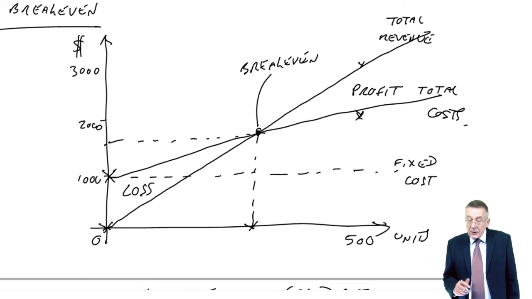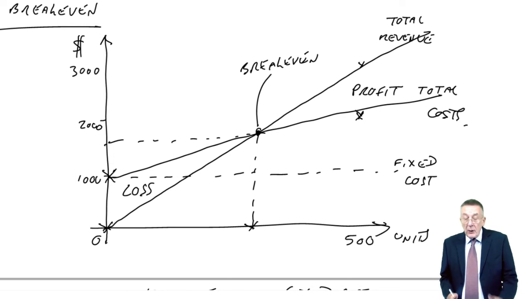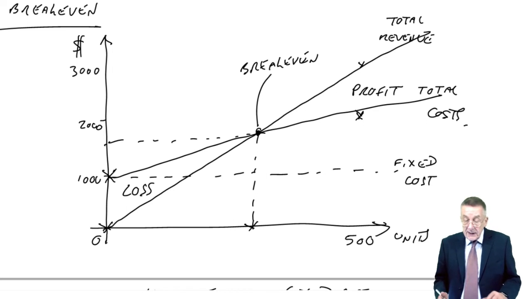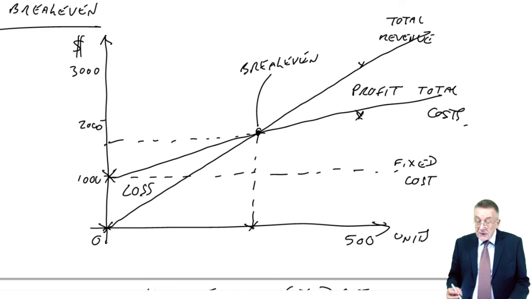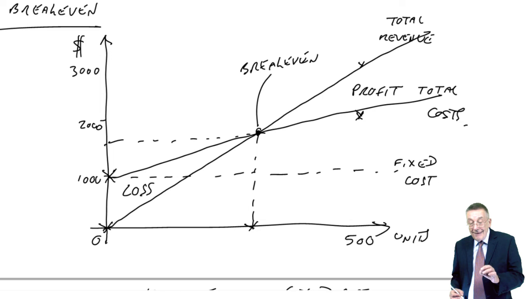It's only just one thing that is quite important for the exam, and read carefully. Although it always looks like that, the bottom axis I've done there in units, and so the break-even is 250 units.